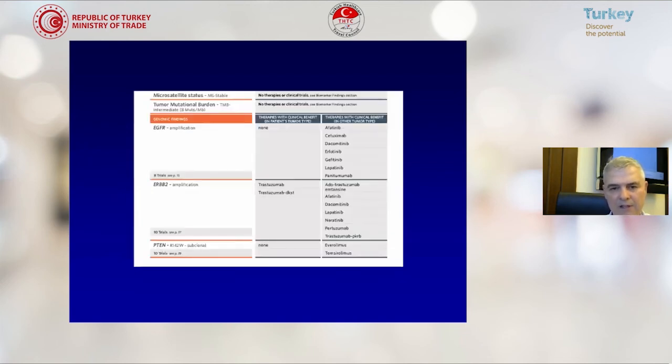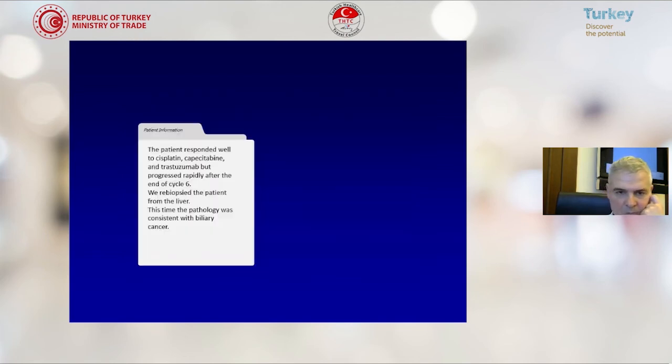So I could have given this patient different kinds of treatment, but I have given this patient trastuzumab because we detected ERB2 amplification. The patient responded well to cisplatin, capecitabine, and trastuzumab, which is a tailored drug, a smart drug for precision medicine.